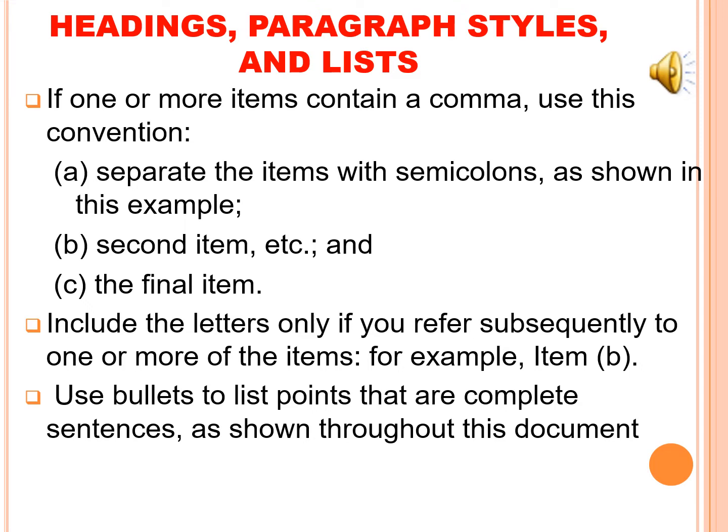You can use a numbering system or letters only if you are going to refer to one or more items from this list in the text later on. If you are not going to refer to this list, you can use bullets.